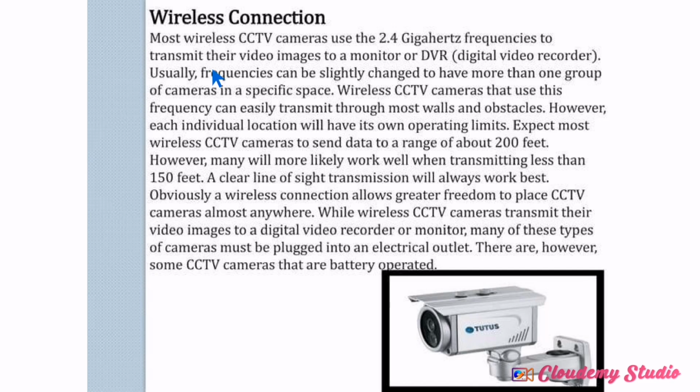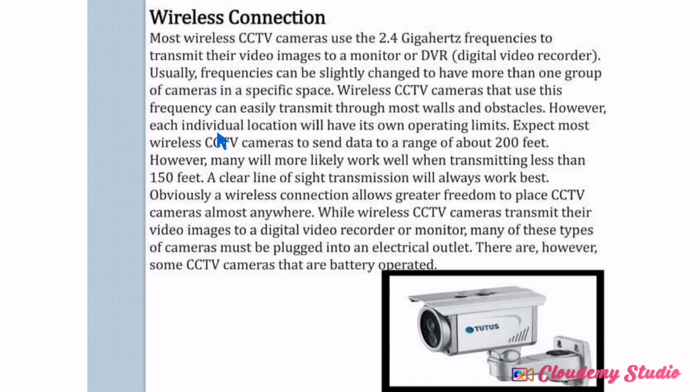Usually frequencies can be slightly changed to have more than one group of cameras. Let me explain what this 2.4 gigahertz frequency means. I'll repeat the sentence: most wireless CCTV cameras use the 2.4 gigahertz frequency to transmit their video images to a monitor or DVR.